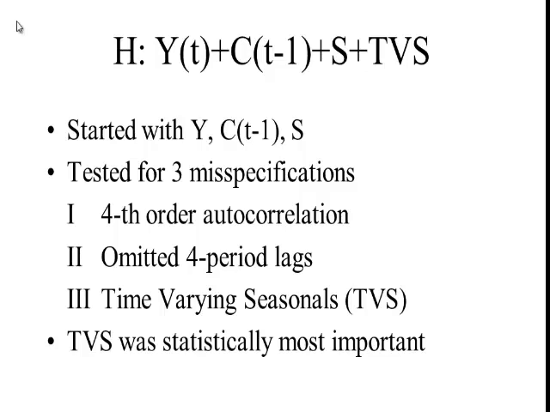Now because of this 1 minus 0.9, this is a very small number, 0.1. So if the coefficient changes by a little bit, there's a huge variation in the long run marginal propensity to consume, and that means that the coefficient is unstable. You can't estimate it very precisely.